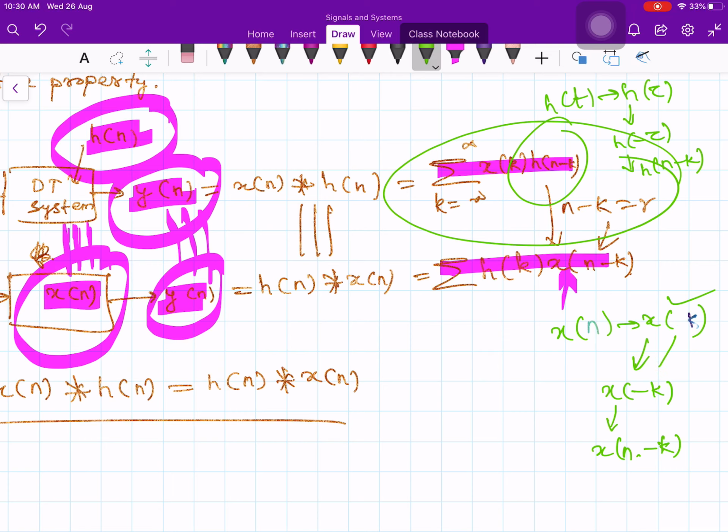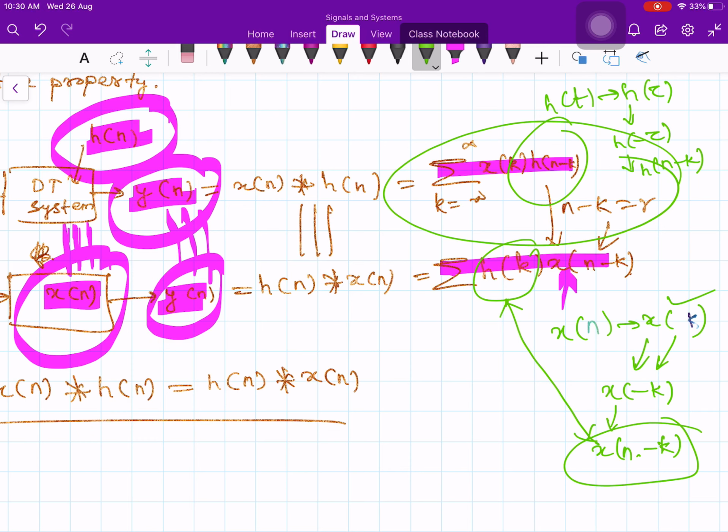First reflecting and shifting x of k to x of n minus k, then multiplying the signals x of n minus k with h of k, and finally summing the products for all values of k. So both are the same, that's what we mean by it.